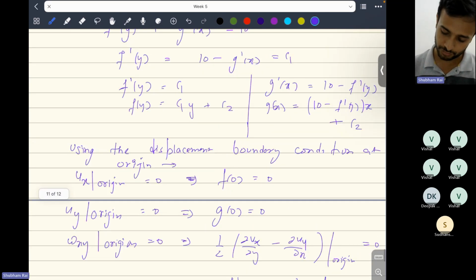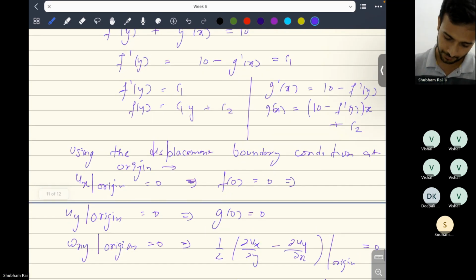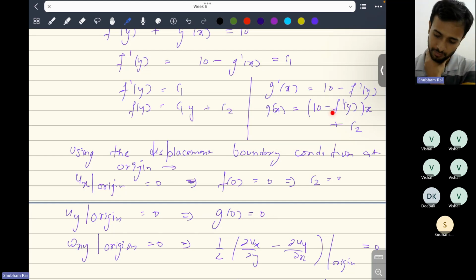So your f of 0 is 0 means what? Your f of 0 will be c2, so this implies your c2 should be equal to 0. And g of 0 means what? If you apply g of 0, it means 10 minus f prime 0. Obviously this term will go to 0.